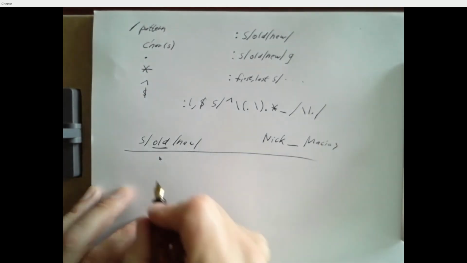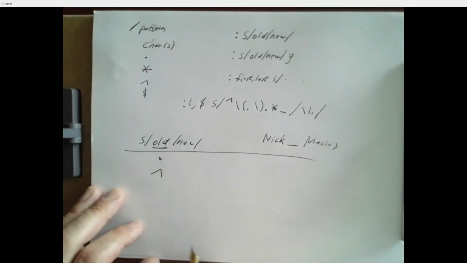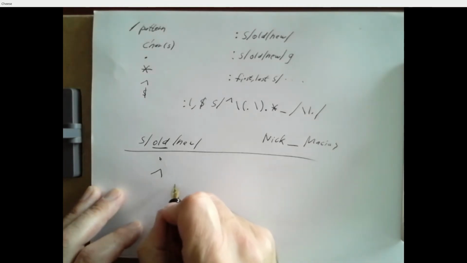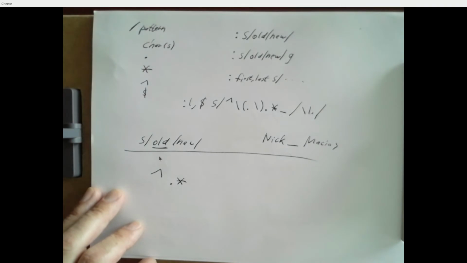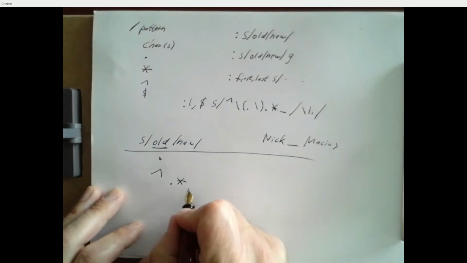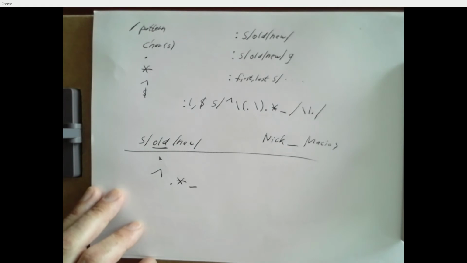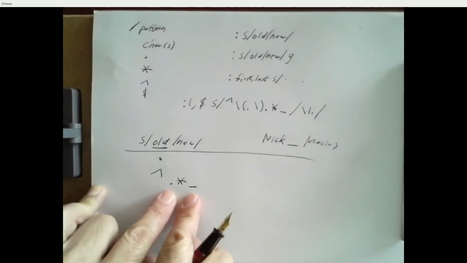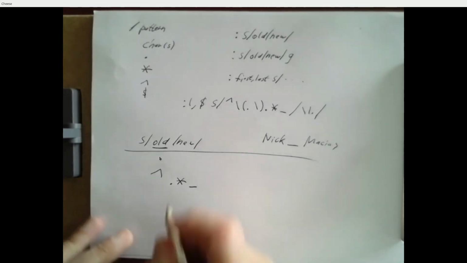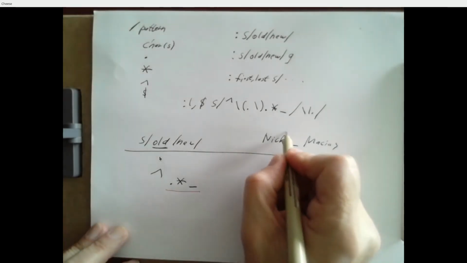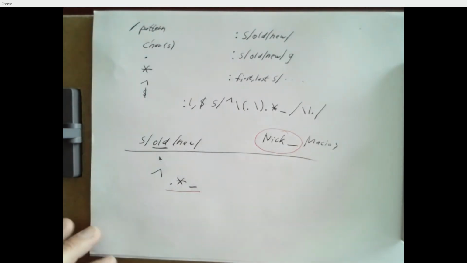So I'm searching for the beginning of the line, followed by any number of characters, followed by a space. This pattern right here, a period, star, and a space, is going to match this thing.